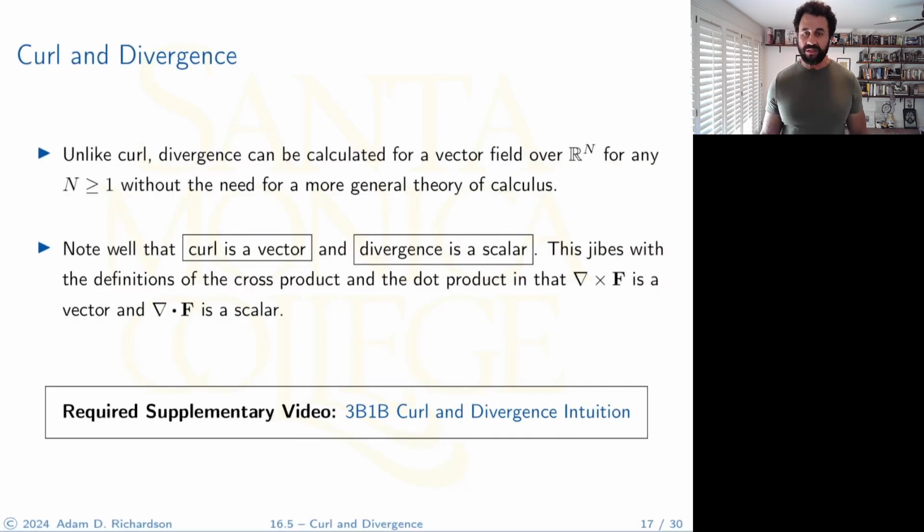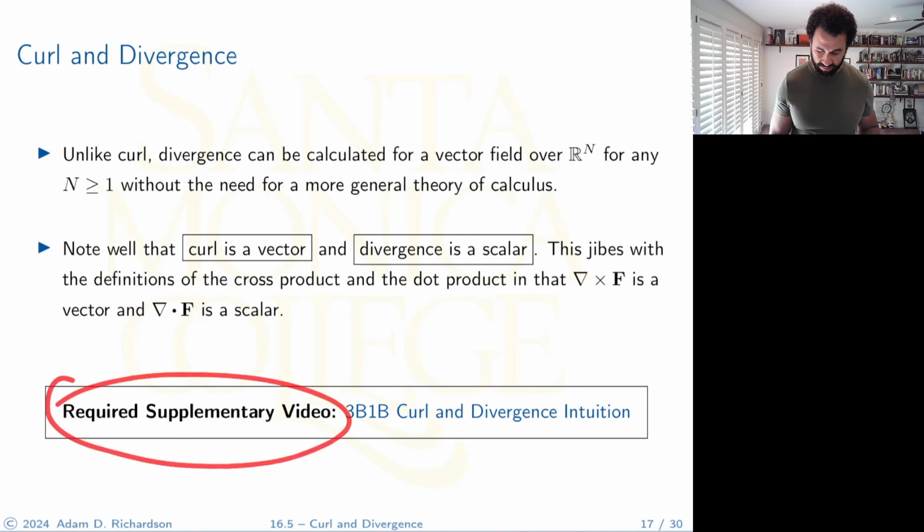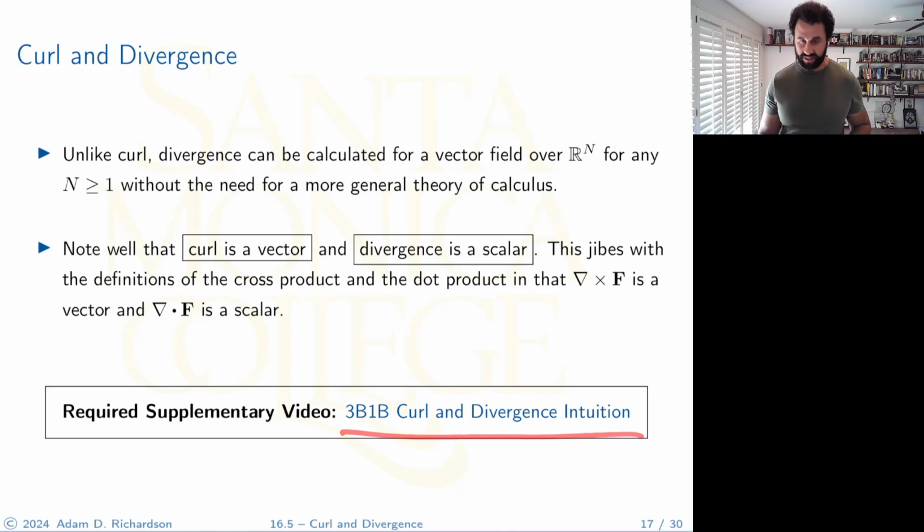Okay. Now this is a point where we need to take a pause, or maybe a transition, I will say. At this point, I would like you all to pause this video and watch this required supplementary video by Grant Sanderson on his 3Blue1Brown channel. It's the video on curl and divergence intuition.